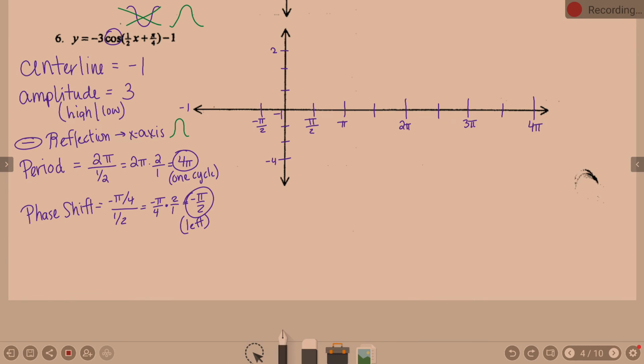Now, maybe you can do the final graph. Maybe you need to do the trial version with me. I'm going to do the trial version. I'm not going to do my phase shift yet. Without a phase shift, what am I doing? A reflected cosine. So a reflected cosine is going to start down here, yes? Keep in mind, what's a quarter of the way here?